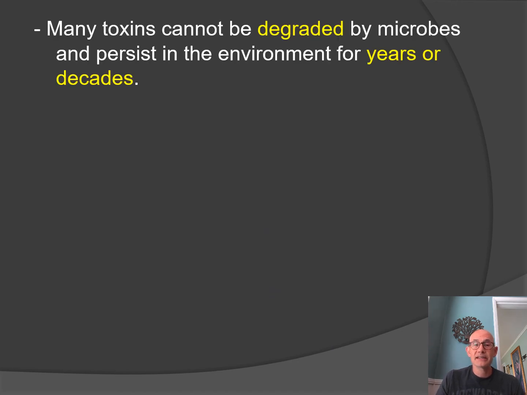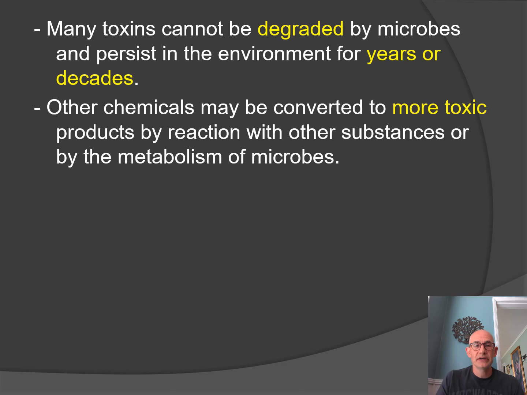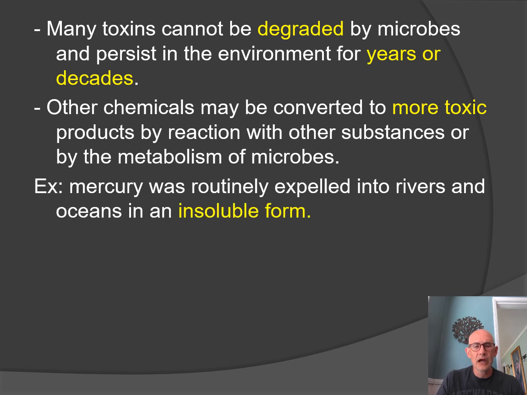The classic example of this is going to be mercury. Mercury is released in very, very small amounts from the burning of coal. And that mercury in that form is actually not too bad. It's an insoluble form of mercury, and it gets into the water through the rain and the precipitation, and it just kind of sinks down to the sediment of the lakes and the oceans.